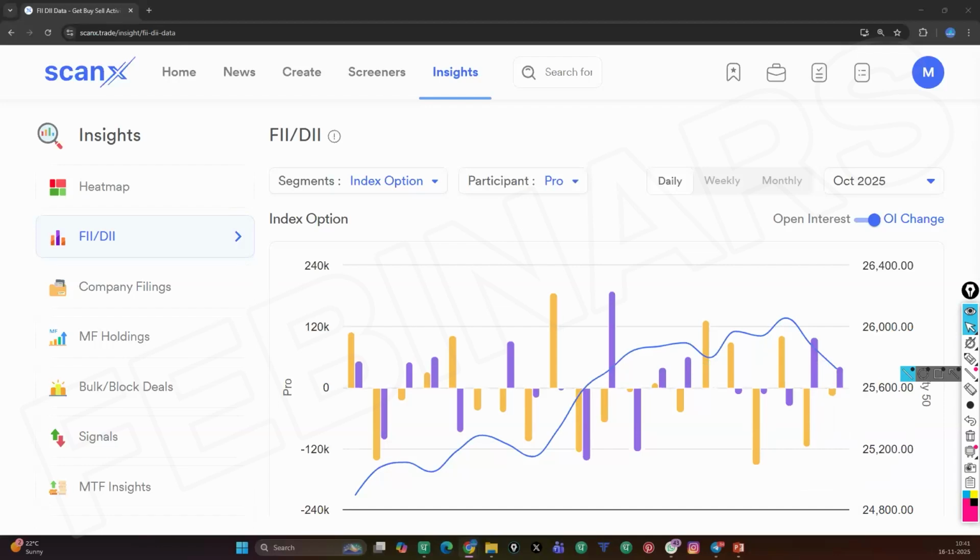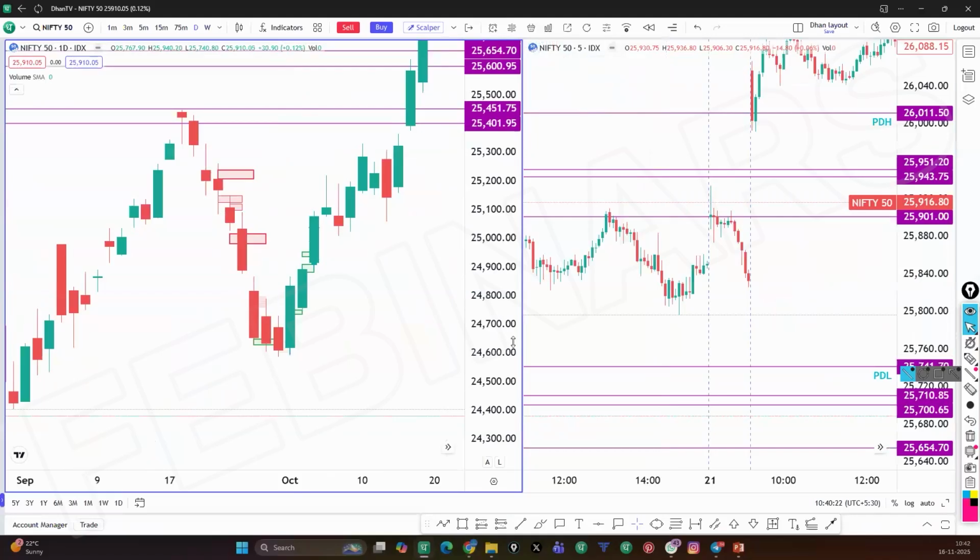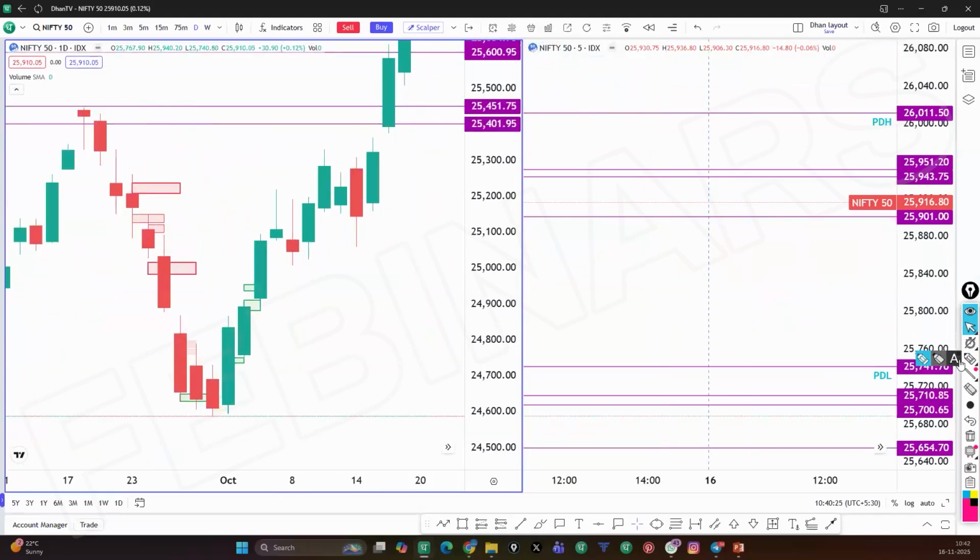And let's check. They're also wrong a few times, but they do risk management. They will exit their positions. That is an advantage for retail traders. So let us check the data for another day where they are wrong. Ladies and gentlemen, can you please see this candle?